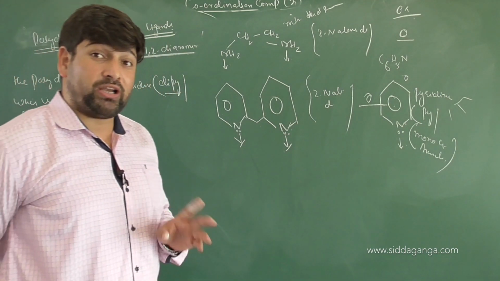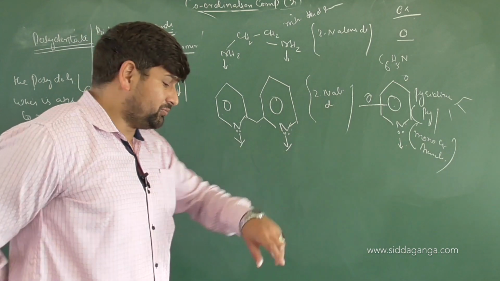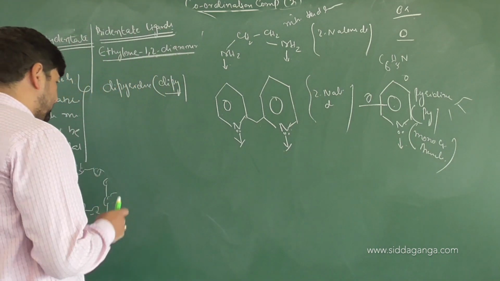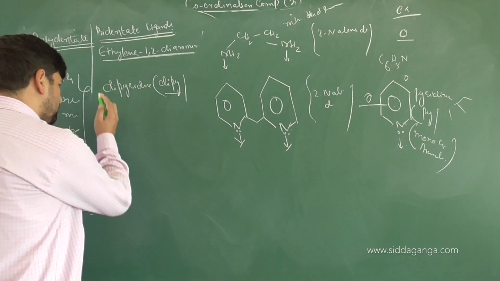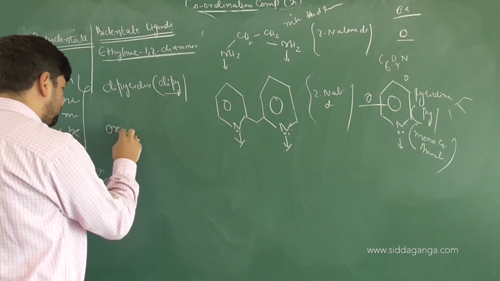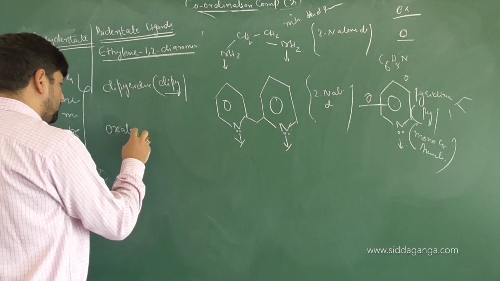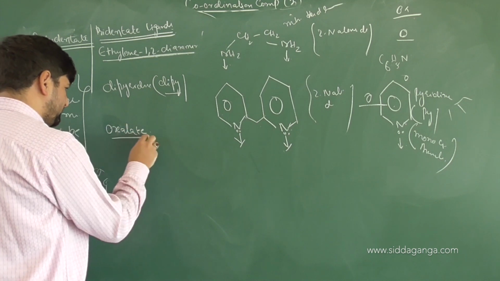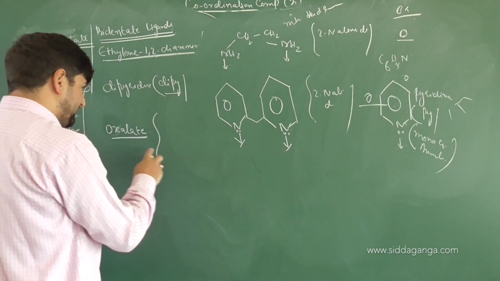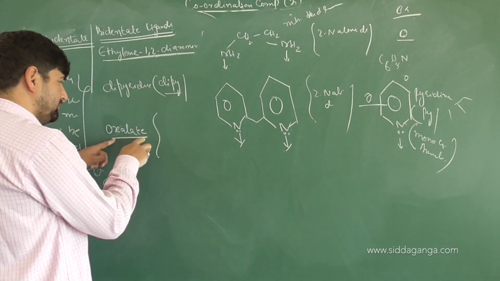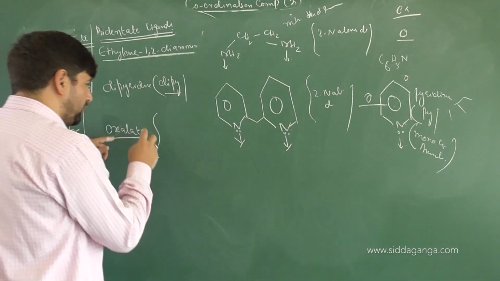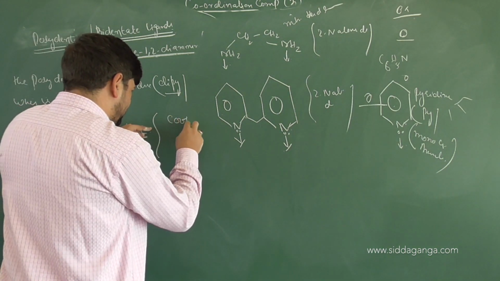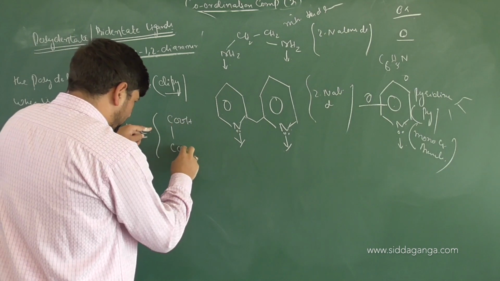I am discussing the polydentate ligand system, right? So a few more bidentate ligands that we have, children, are, say, oxalate, or as I said a while earlier, it comes from oxalic acid. So oxalic acid is COOH, COOH.